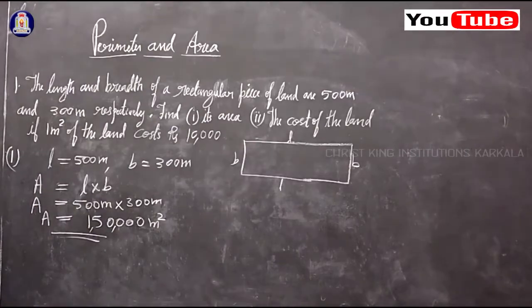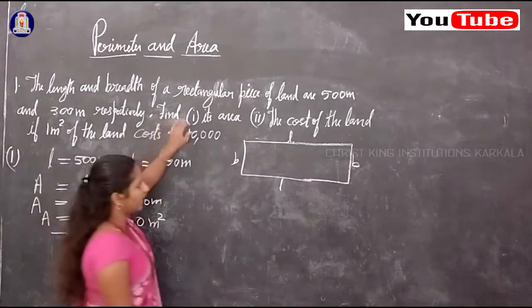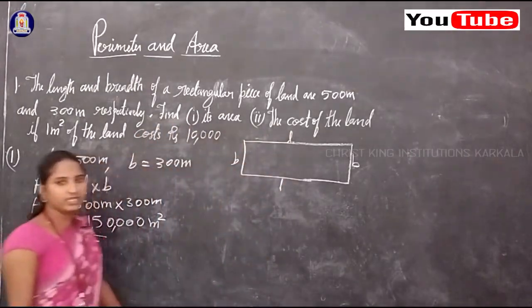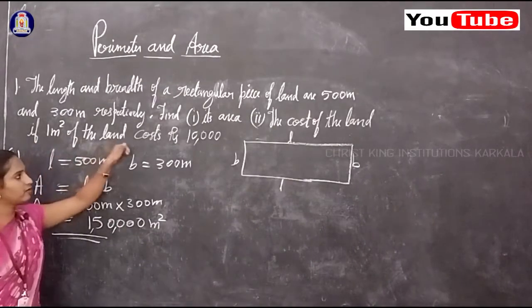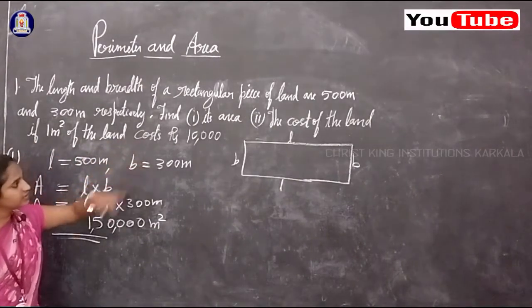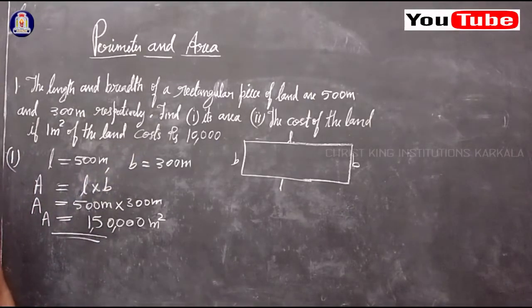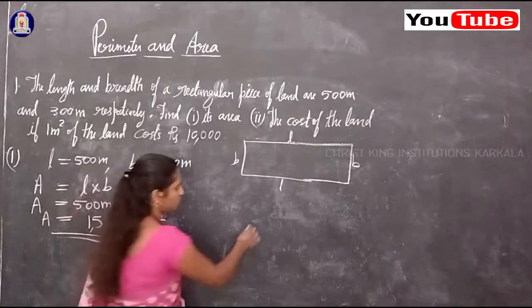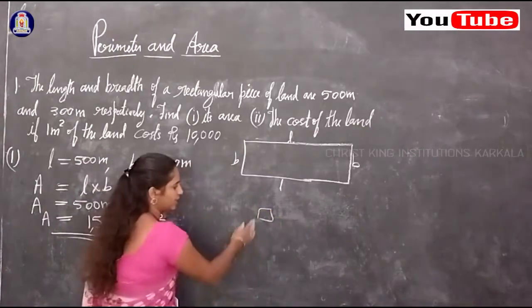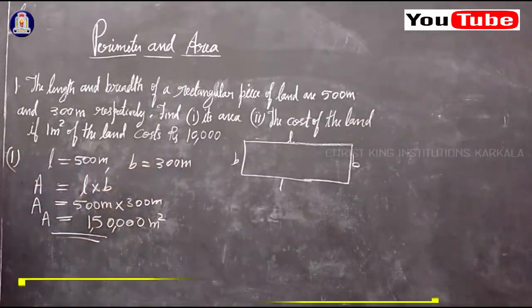So now the second one, they are asking to find the cost of the land if 1 meter square of the land cost is 10,000 rupees. Understood? So 1 meter square of area, only 1 meter square of area, that is rupees 10,000.